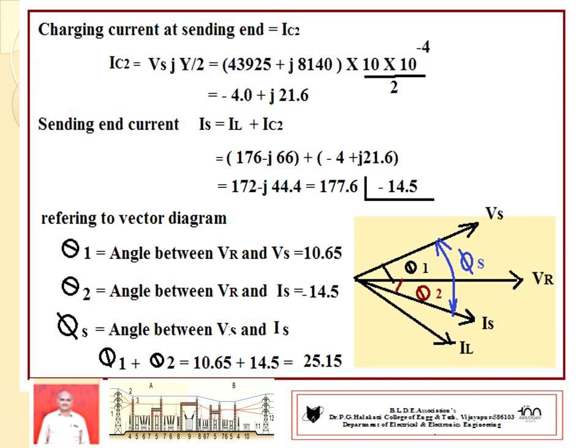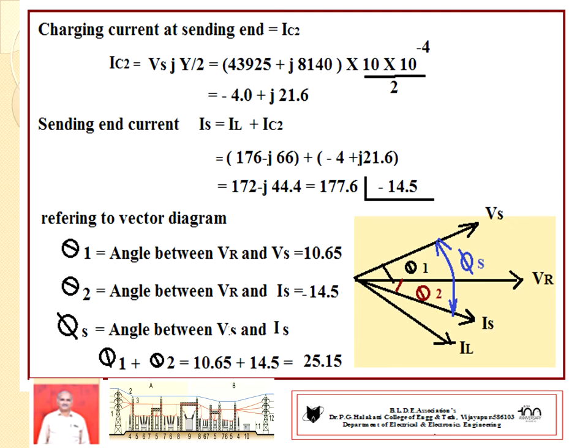So in the previous slide also there is a small mistake. IC1 equal to voltage into this susceptance, Vr into JY/2. I have taken plus. You make the correction.